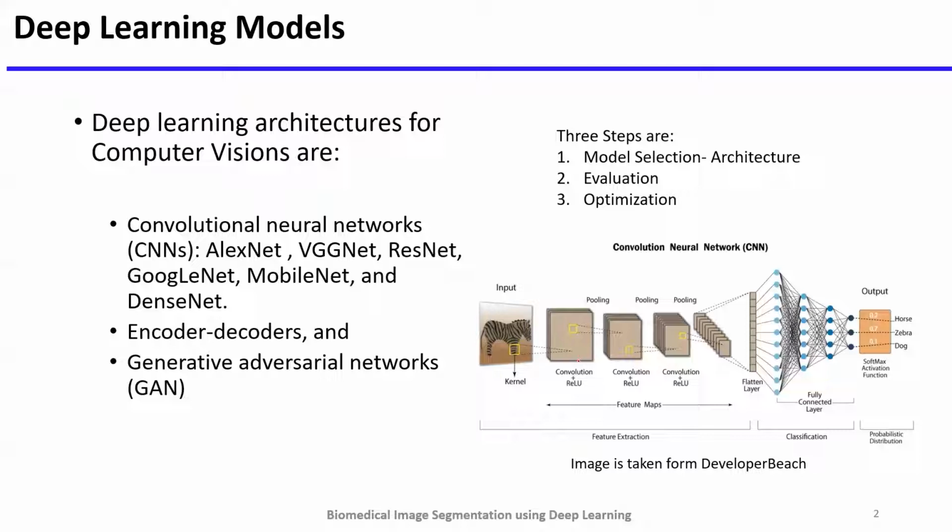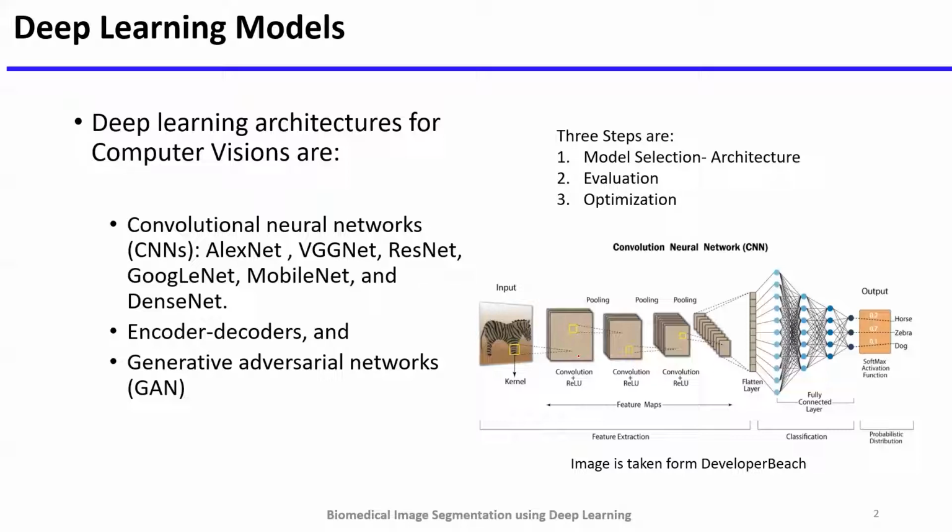Then we need to see how we are going to evaluate, or what will be our error functions to solve that particular problem. And once the model is ready, we need an optimization technique to solve the problem. These three steps are the building blocks for every learning model.